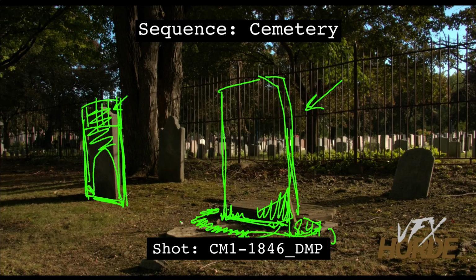Also, on this center gravestone here, you're going to need to make sure that you have a nice shadow shape there, and that it matches what's going on in the plate. So this center gravestone is really close to frame, so you'll probably want to patch over your 3D model with some photography here and there, and every little bit is going to show through.